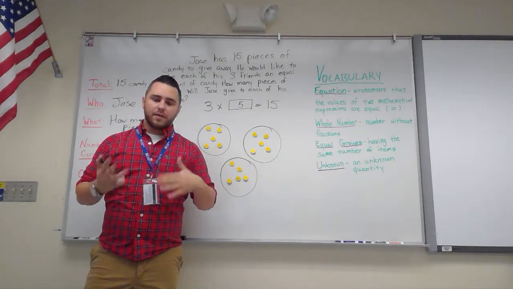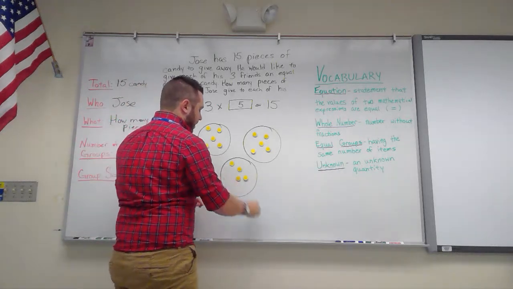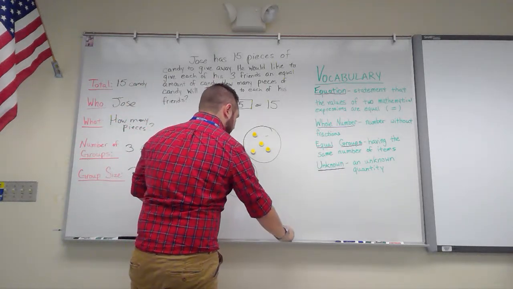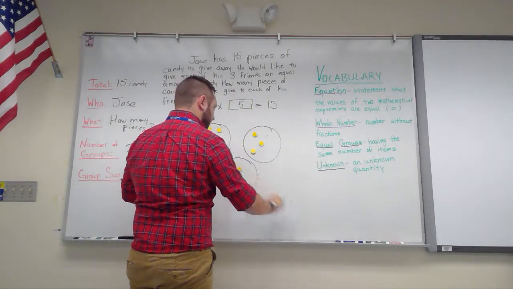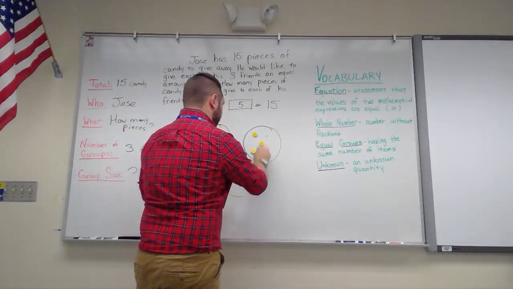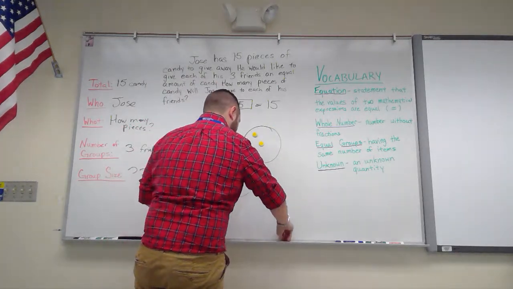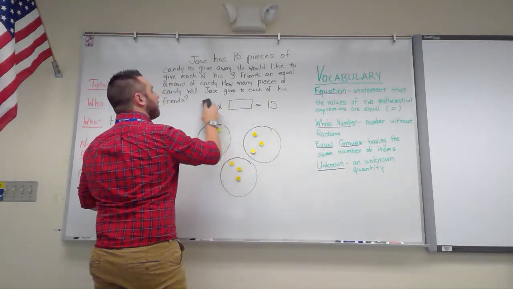I would do some repeated instruction where we work through a few of these together. You could also, if you wanted to try a different scenario, use the same problem and just tweak a few of the numbers and have them try and work through it on their own.